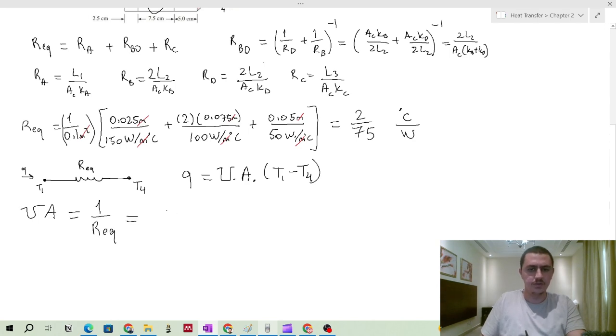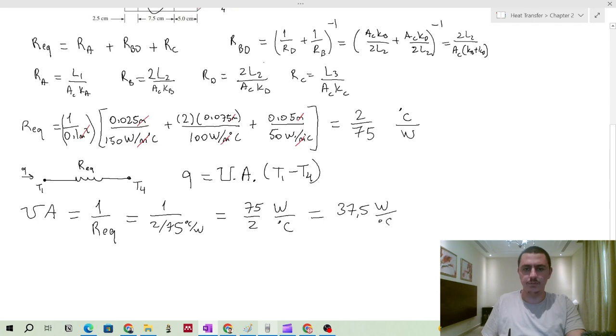So 1 over 2 over 75, and here you have Celsius over watt. When you flip all these, you will get 75 over 2 watt per degrees of Celsius, which is equal to 37.5 watt per degrees of Celsius.